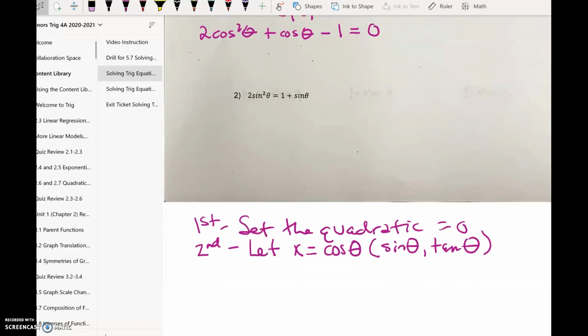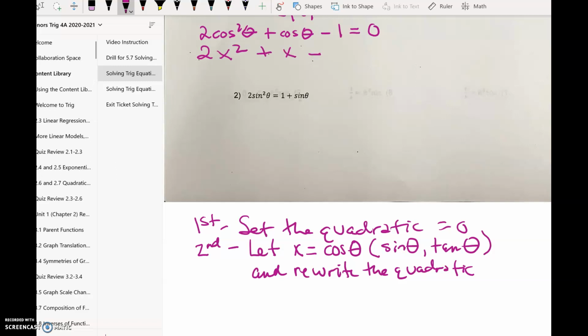So I'm going to let x equal cosine of theta and rewrite the quadratic. So I get 2x squared plus x minus 1 equals 0. My third step then is to factor.